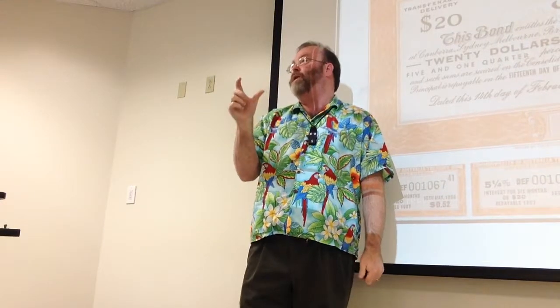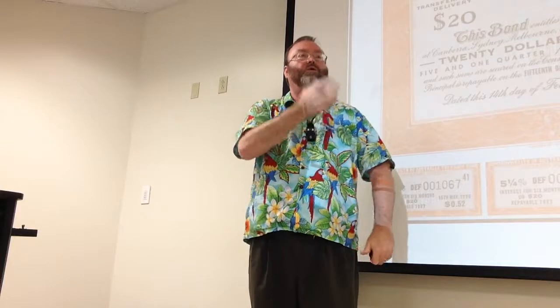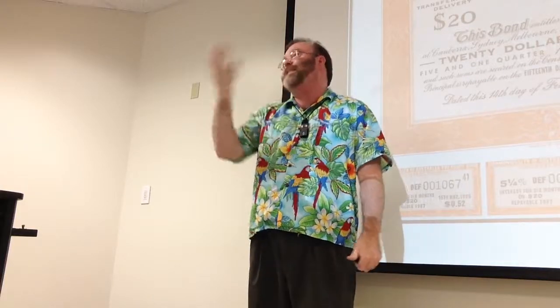Bonds now are electronically registered to the bondholder, just like shares of stock. So Boeing Corporation that I own stock in knows that I'm a shareholder. They send me proxy statements and annual reports and stuff like that because I'm a registered holder of equity shares. It's the same with bonds.